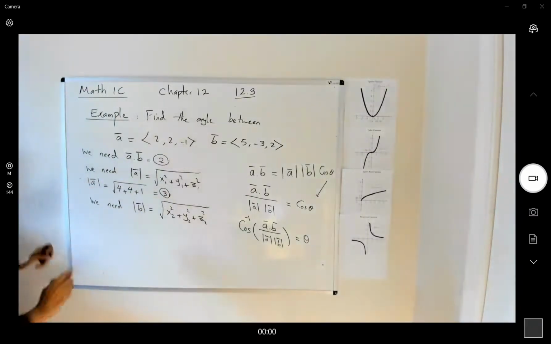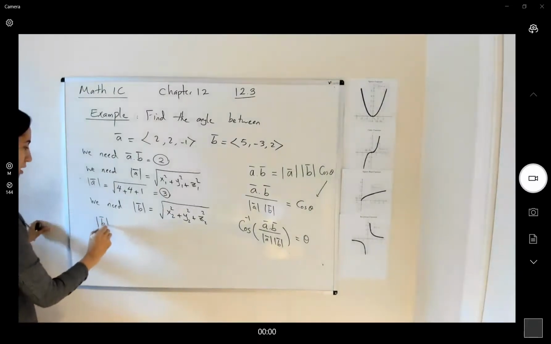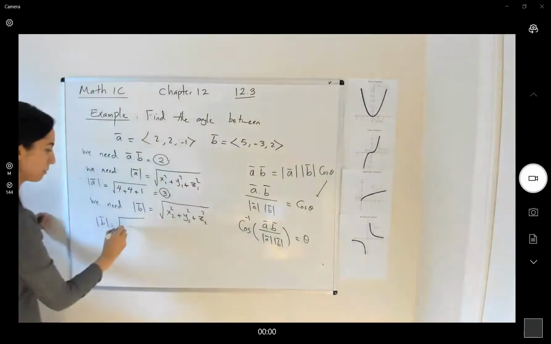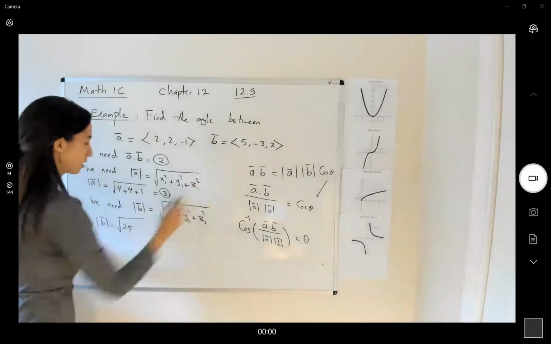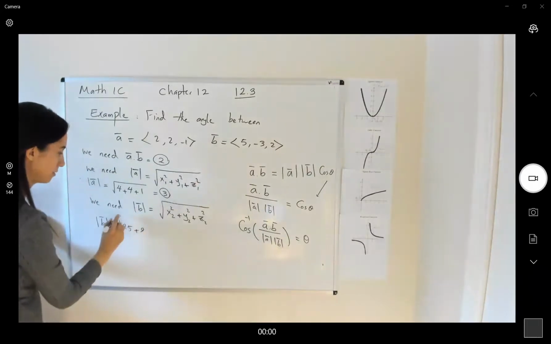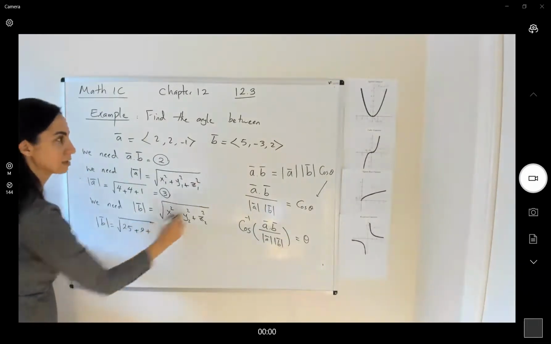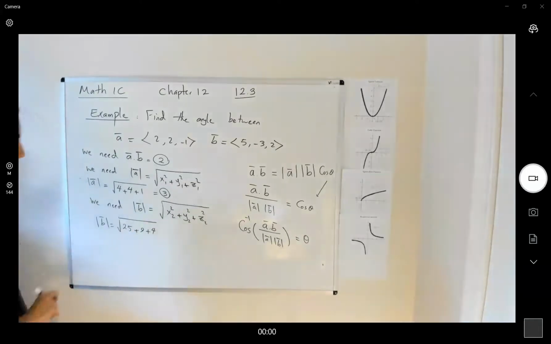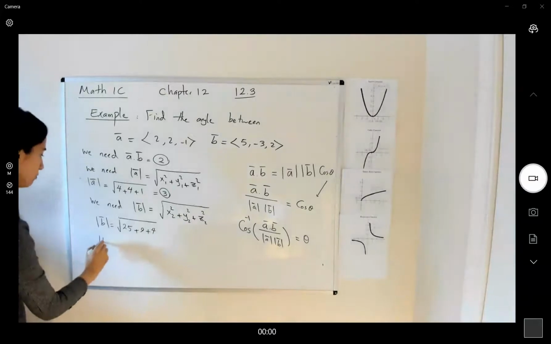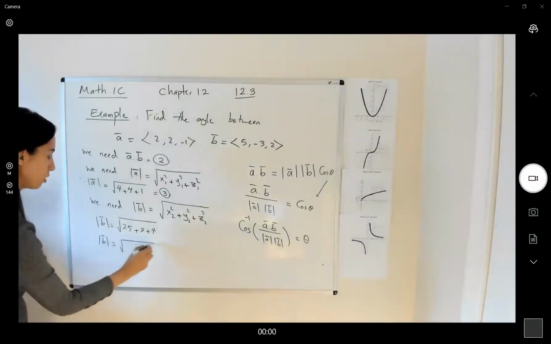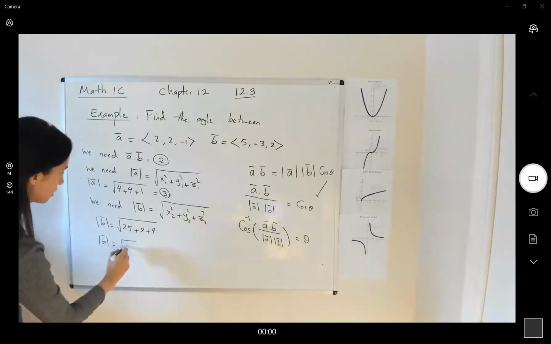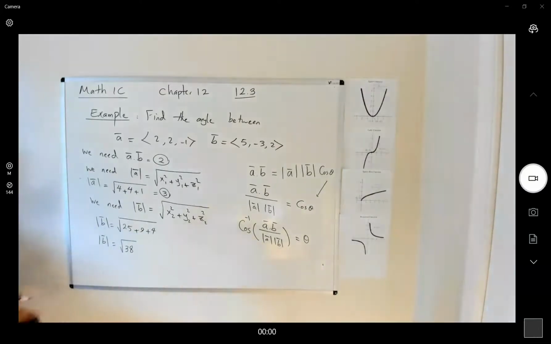Now the magnitude of B is equal to the square root of the first component raised to the second power, 25, plus 9, plus 2 squared, which is 4. There you go. The magnitude of B is the square root of 38.